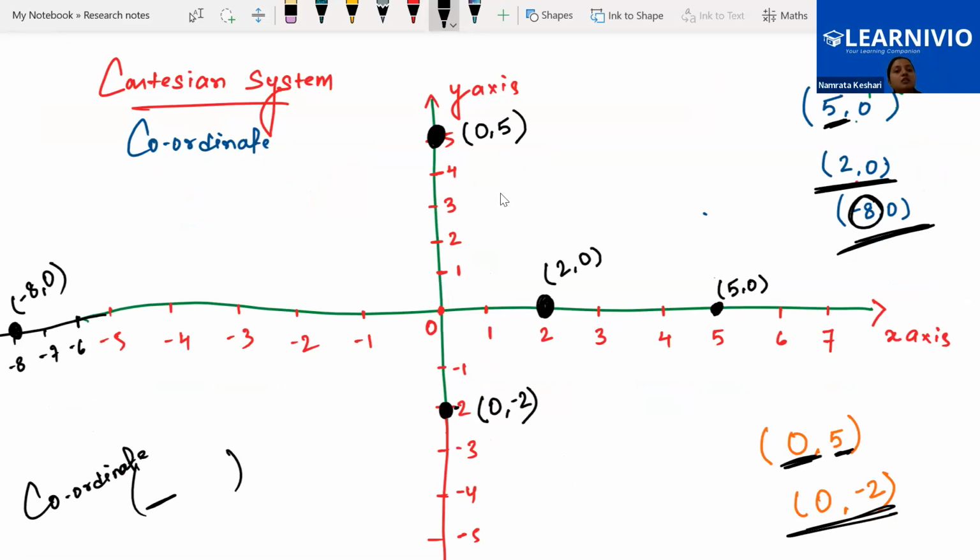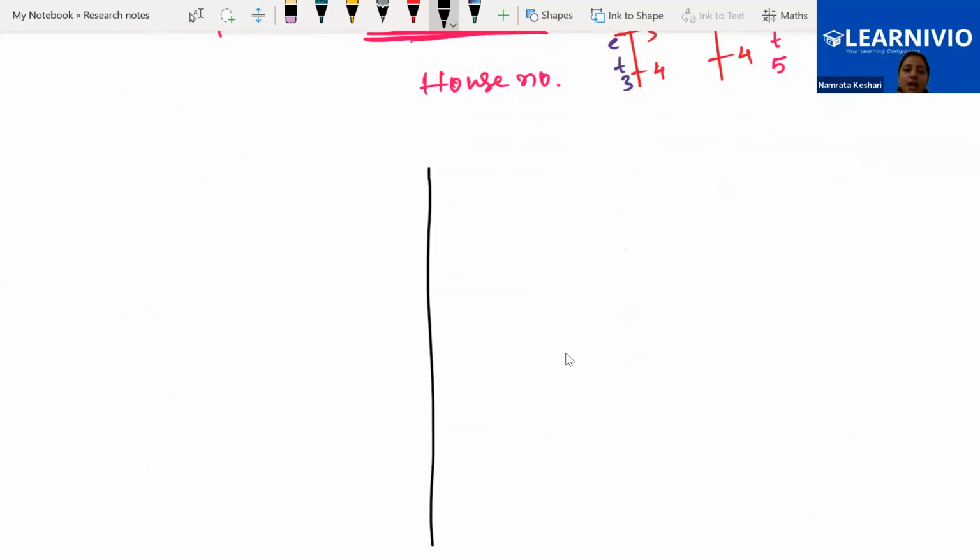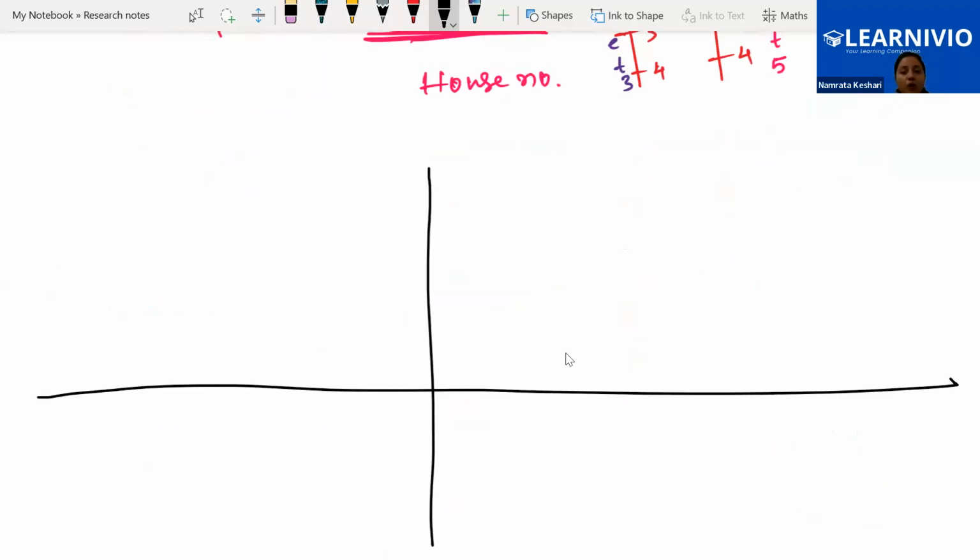And if x is 0 and y is any other number, then we understood how to locate it. Now we are going to talk about what if we are having this type of number. Let me draw the coordinate axes again over here, the x-axis and y-axis.